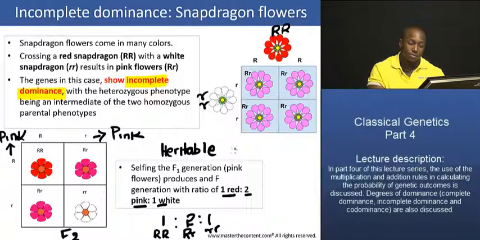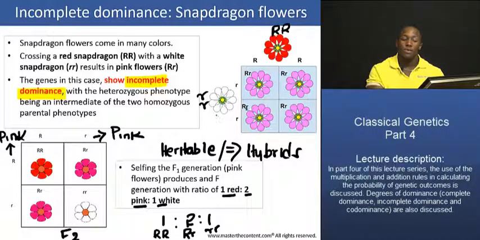So they maintain their identity even when they're in hybrids. What I mean by that is, in this F1 generation, both the red and the white phenotypes disappeared. We had a pink phenotype that was a blend of the two parental phenotypes.